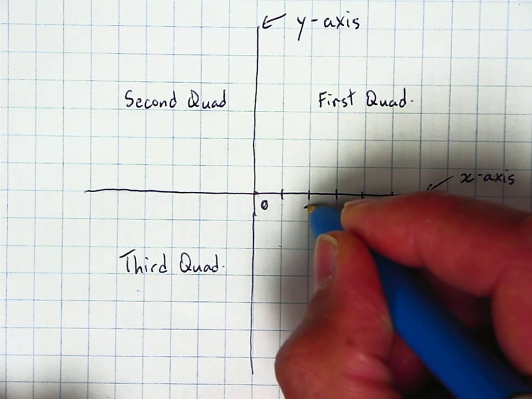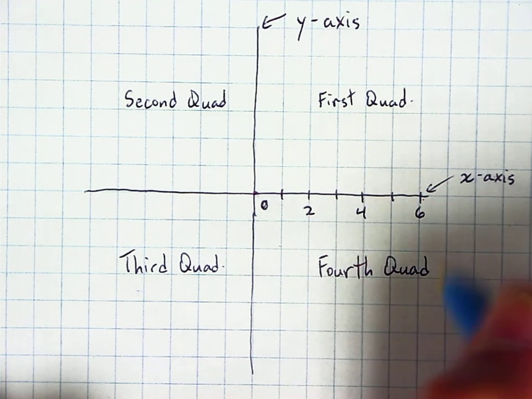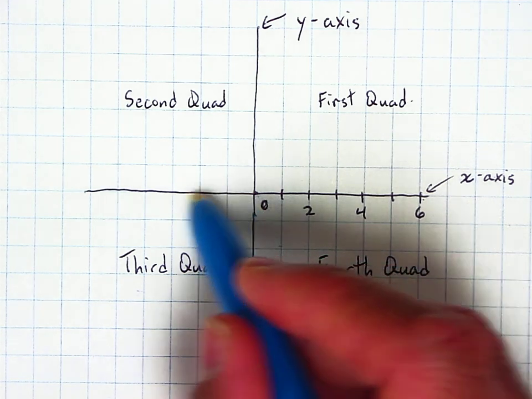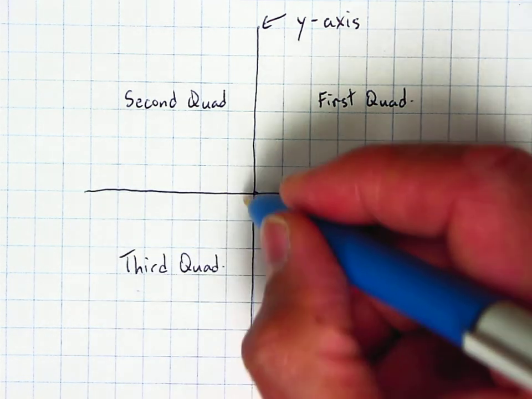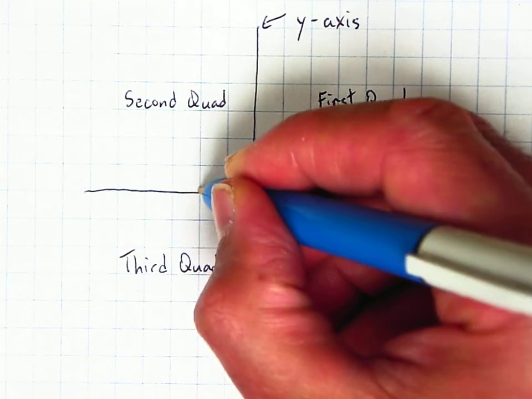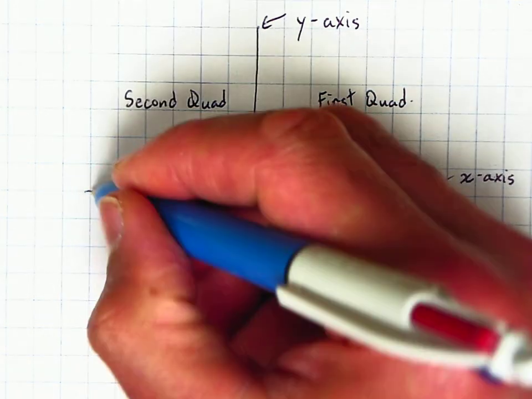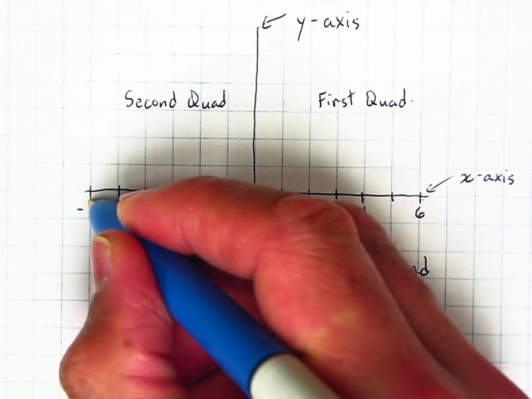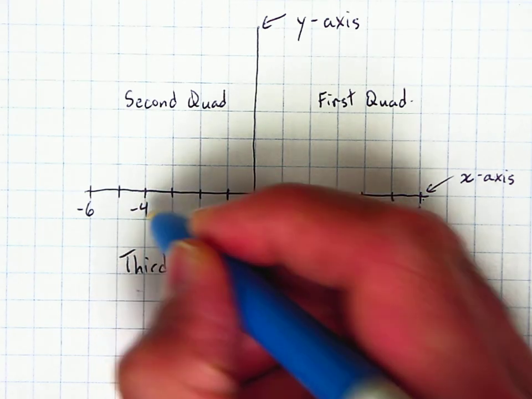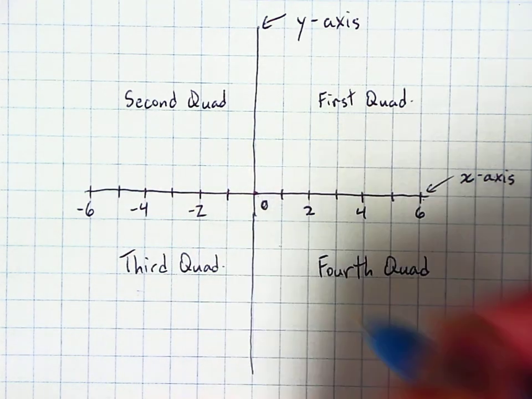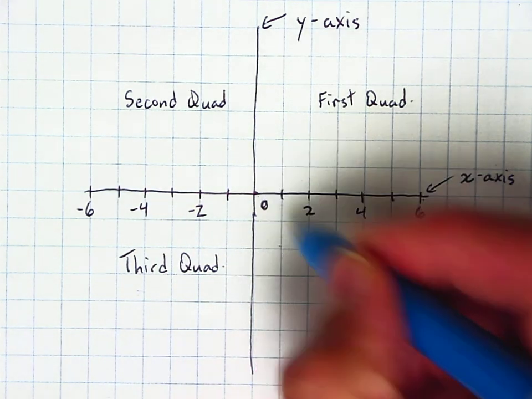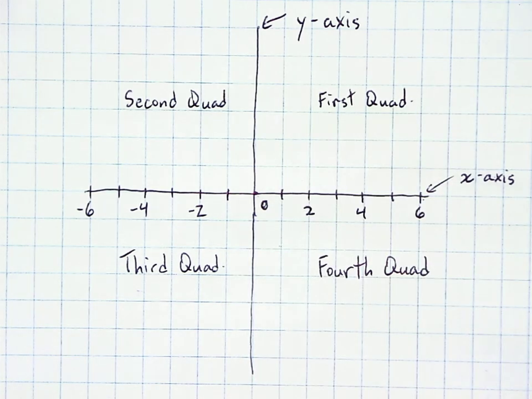Try not to clutter things up too much. If you go this way on the x-axis, it is negative. So -1, -2, -3, -4, -5, -6. And again, I'll just write that in. This being our 0 point, that's why I have 0 there.